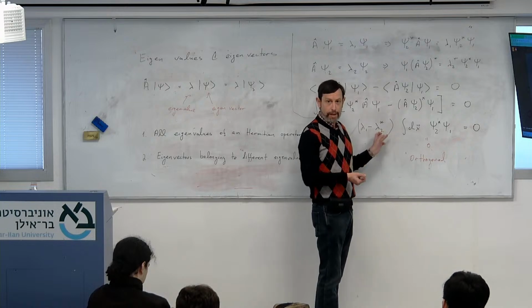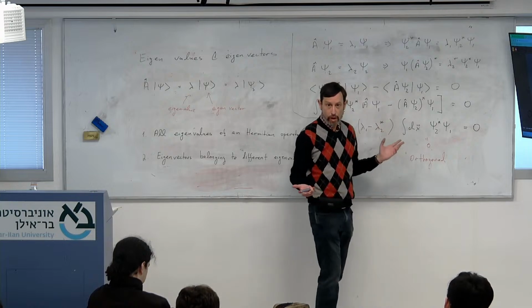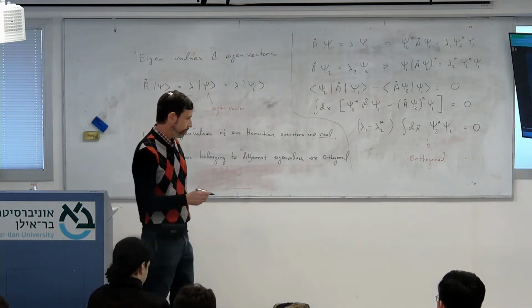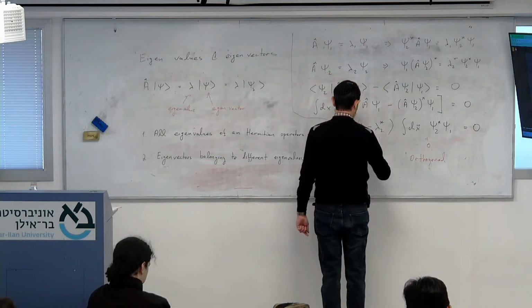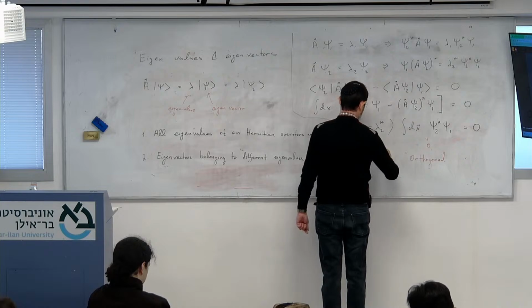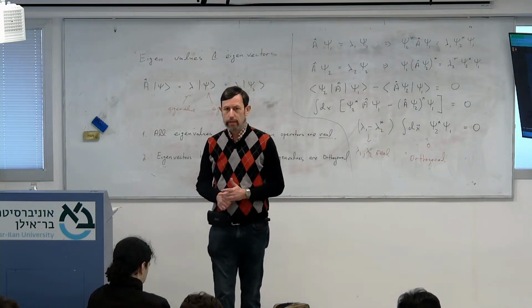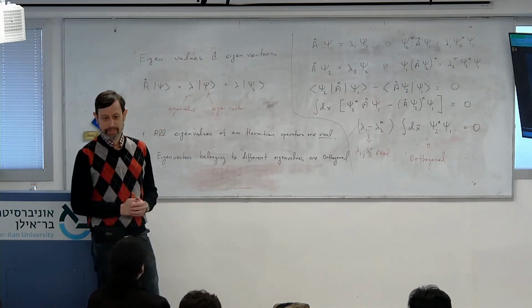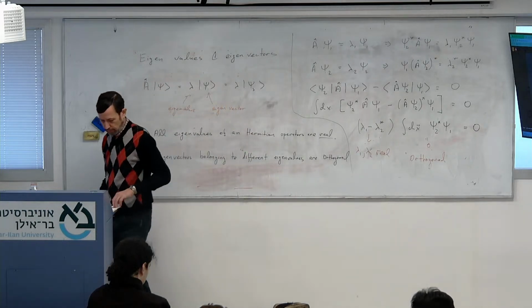If it has an imaginary component, it doesn't go to 0, so the only way that it can be fulfilled is if the eigenvalue is real. So we hit two birds with one stone. Finished. We proved these two statements.